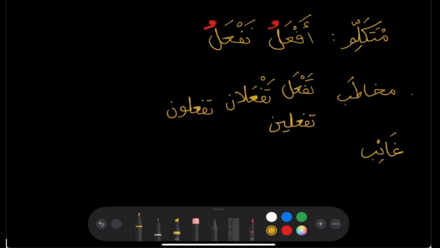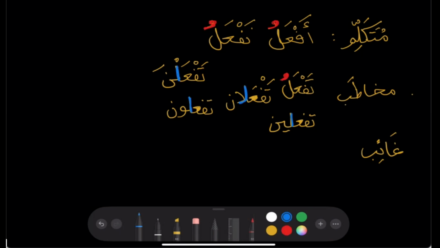Antunna, you, three or more females, taf'alna. Okay, so as long as there's no suffix, the sign of rafa should be a Dammah. Anta, taf'alu. Everything else here has a suffix because the verb ends at the lam. Lam is the last letter. Here's your lam. That's clear for you.